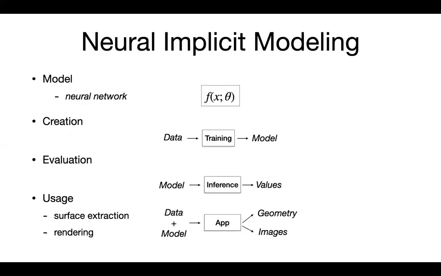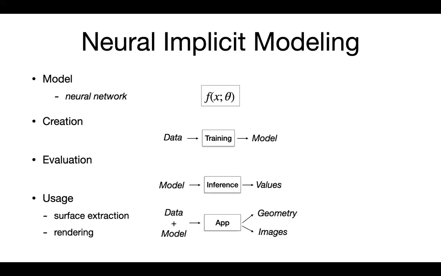And how do you put this into machine learning and neural networks? We have neural implicit models. So the model of that function is going to be a neural network with parameters theta, represented as a coordinate-based neural network.